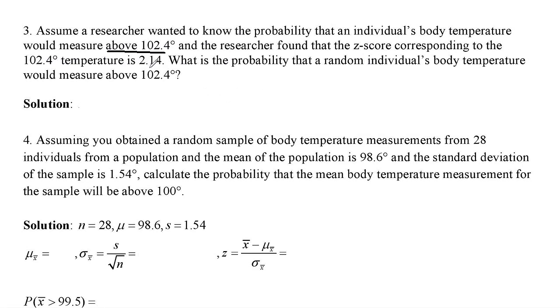And we want to know what's the probability that a random individual's body temperature would measure above 102.4. Okay, so what's going on here is that we know a z-score. It says the z-score corresponding to 102.4 is 2.14, and so that tells us z is equal to 2.14.